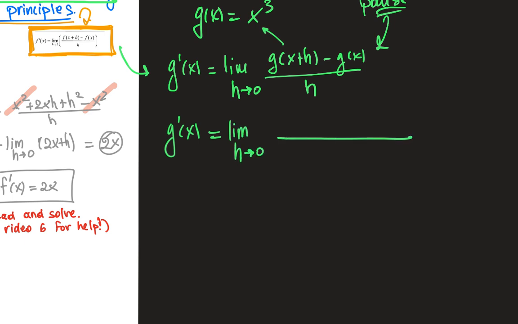Then I'm going to have x plus h to the power of 3 minus g of x, which is going to be my x to the power of 3. Let's make this one shorter, which is just x to the power of 3, over h. What I need to do now is expand the bracket.